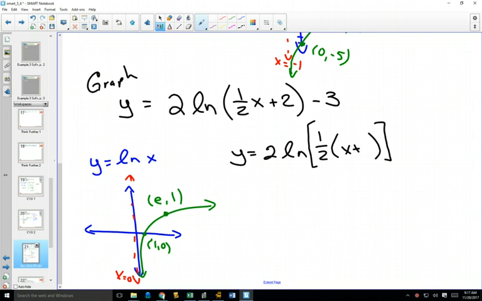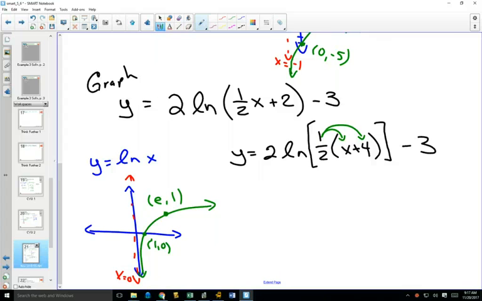Well, it's easy to take the half out of the x because it's just going to be the half and the x is going to be left. But if you're checking, you'd have to distribute, right? A half times x is equal to half x. And you'd have to say a half times what is equal to 2. I find that's the easiest way to figure out that this is going to be a 4, because a half times 4 is equal to 2. And then we still have the minus 3 afterwards.